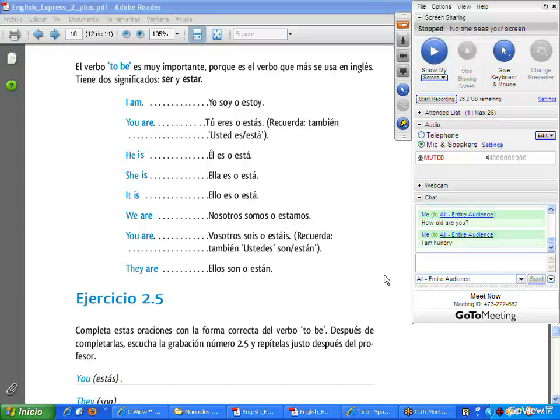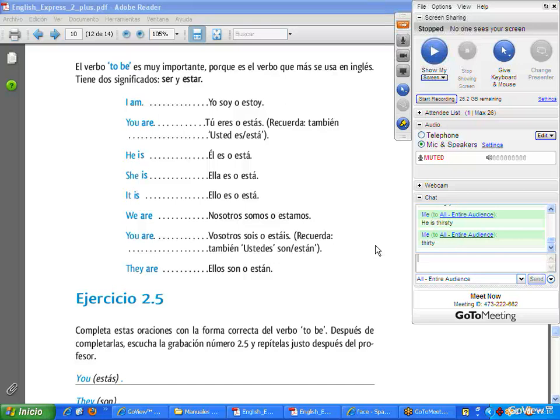We also speak about el tiempo, el tiempo atmosférico. In this case, you translate hacer viento. We use the verb to be. Hacer viento, it is windy.